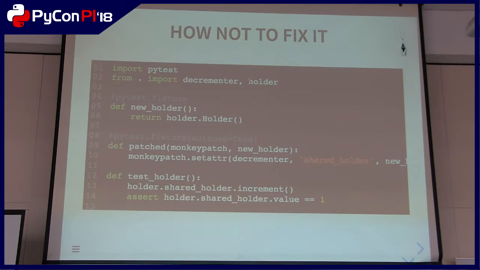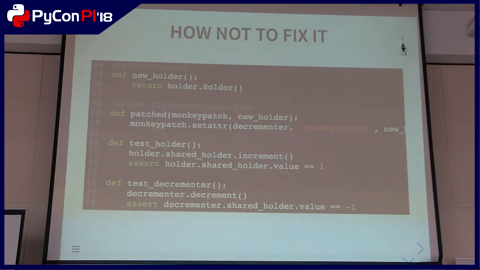This patch feature modifies this module, monkey-patching it with a newly created object. Let me scroll. Yeah. So if you remove this feature, the second test will fail for the same reason as before, because it will use the same object that was already modified.